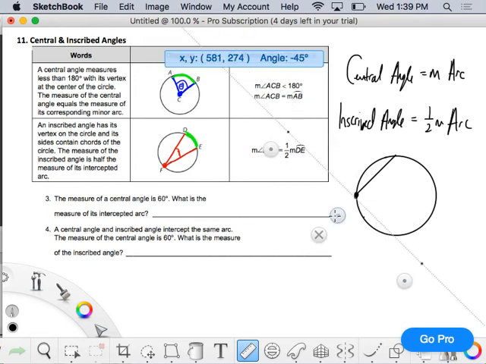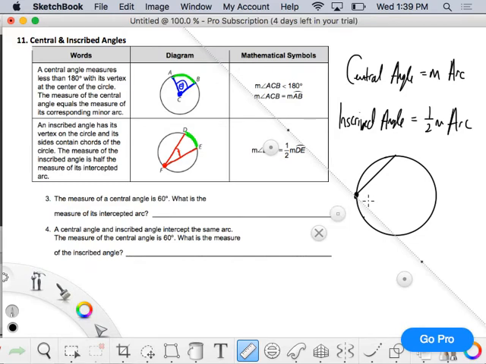Where's the vertex of an inscribed angle? Is it in the center? No. The vertex of a central angle is in the center. The vertex of an inscribed angle is on the circumference. So here's a 90-degree angle.